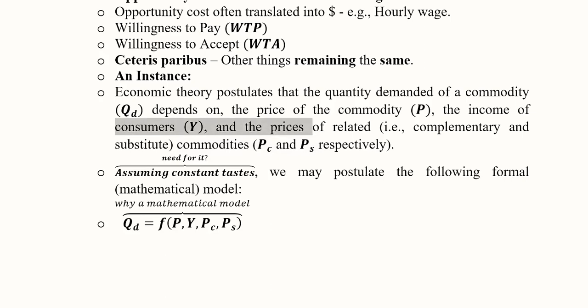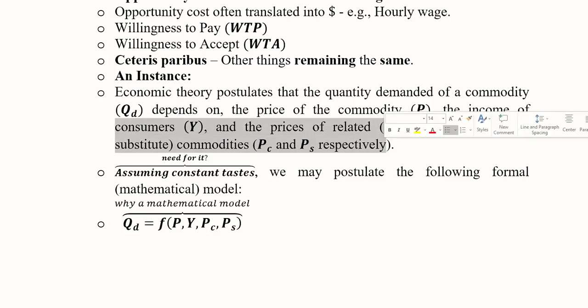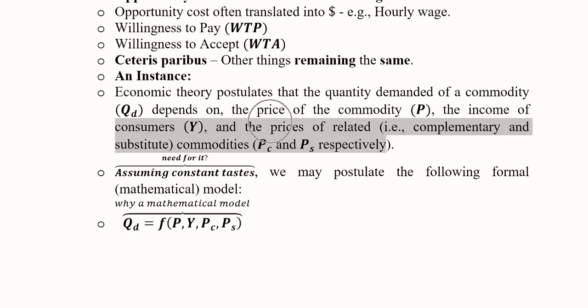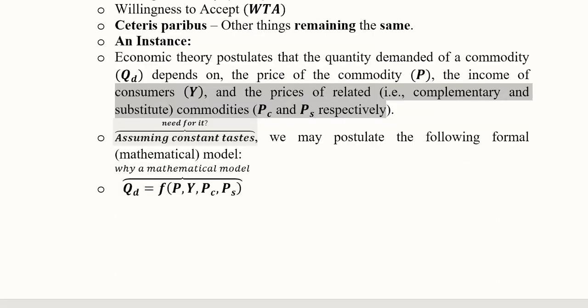But if we try to incorporate all of these variables together in one diagram, it will become perhaps impossible to have a diagram with more than 2 or 3 dimensions. In a functional form, we can still make them, because a mathematical model has the flexibility of including more than one variable.